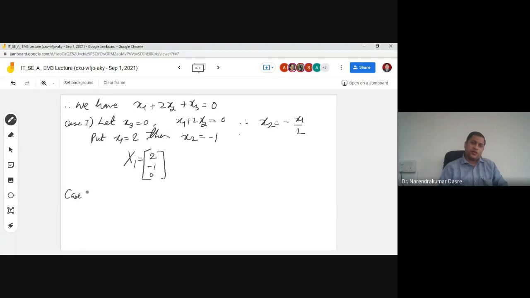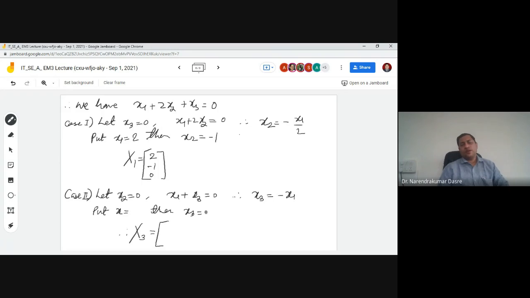Now we have to consider the next case. So here what we assume is let x2 is equal to 0. So you got x1 plus x3 is equal to 0. And hence what we get here, x3 is equal to minus x1. So we have to put the value of x1 such that the value of x3 will be integer, and hence you will be having the next eigenvector.